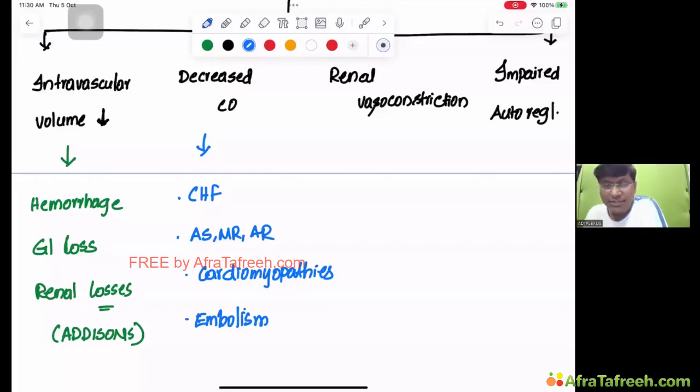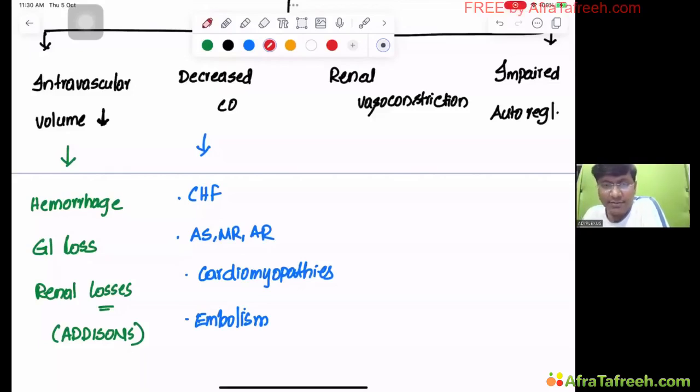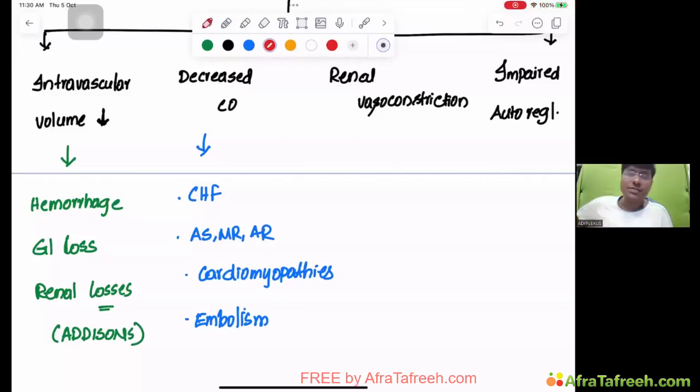Okay. Now coming to renal vasoconstriction. Now, Vinita, you said liver cirrhosis. Can you tell me the mechanism of liver cirrhosis causing decreased renal perfusion? Whatever you have said is correct. But how does cirrhosis cause decreased renal perfusion is my question.